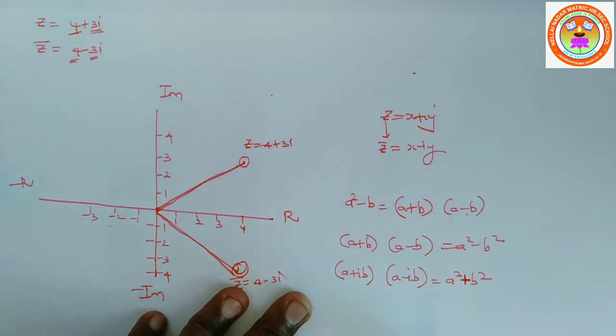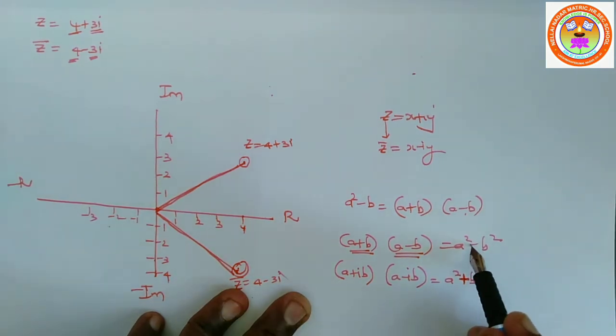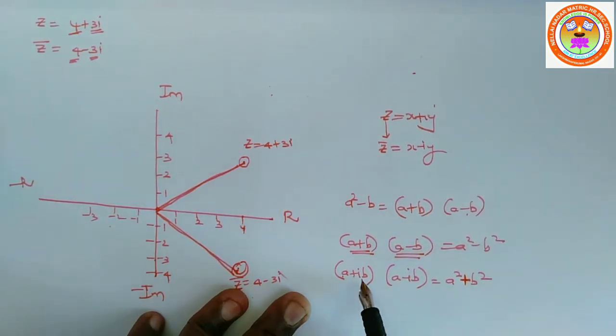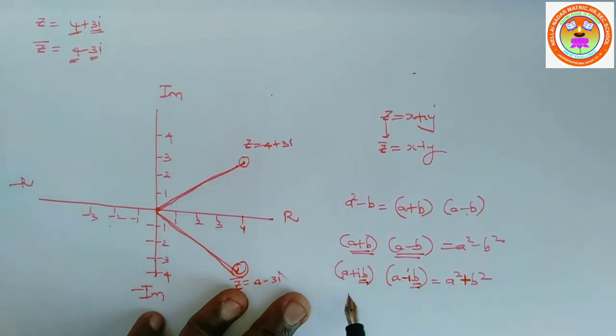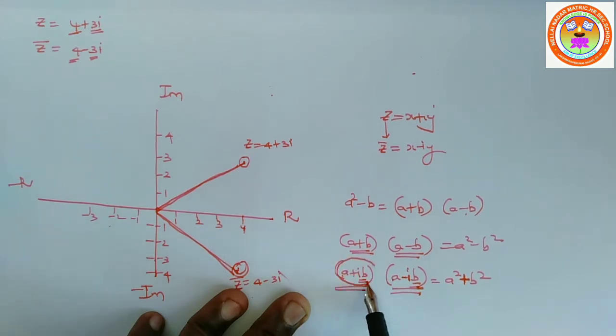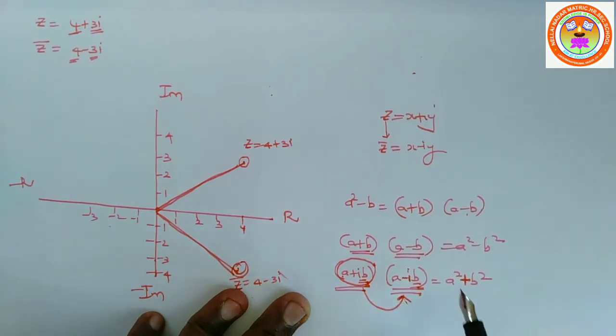Listen carefully. If it is only real numbers, a plus b, a minus b, you can write the formula a square minus b square. If a plus ib is complex and a minus ib is its conjugate, then you can say a square plus b square.